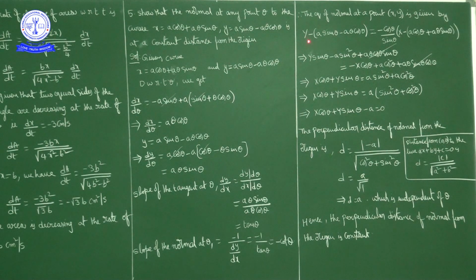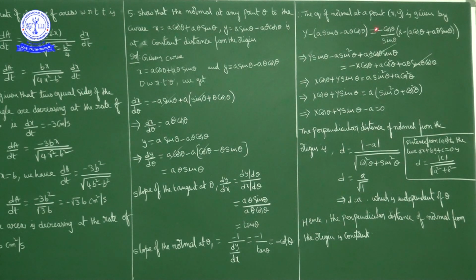Capital Y minus y, what is y? A sin theta minus a theta cos theta. So capital Y minus (a sin theta minus a theta cos theta) is equal to slope of the normal, minus cot theta, nothing but minus cos theta by sin theta, into capital X minus small x. Small x is a cos theta plus a theta sin theta.